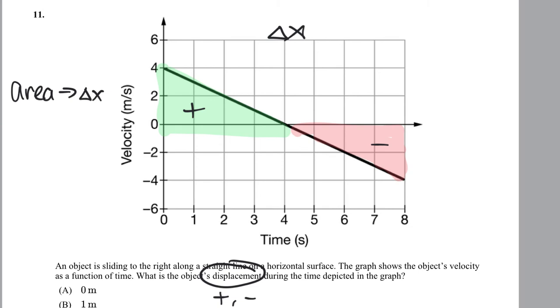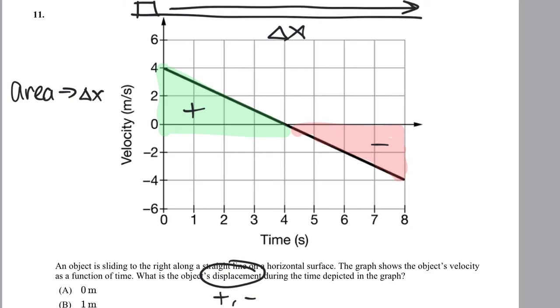This object is traveling along this line at a large velocity in the positive direction really fast, and then it's going to be slowing down, and then at some point it's going to be changing directions and moving in the negative direction back to where it came from, right? So our displacement is 0, letter A.